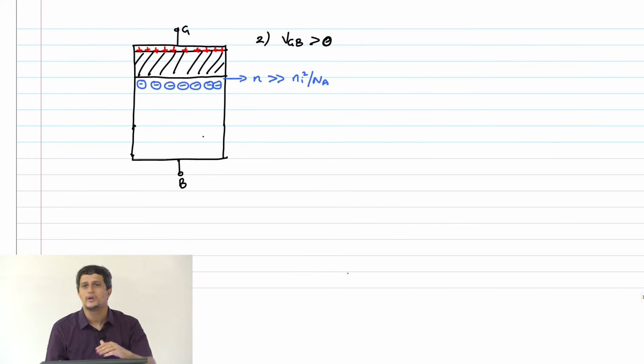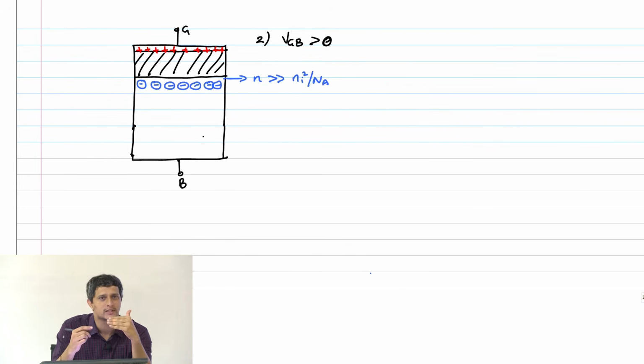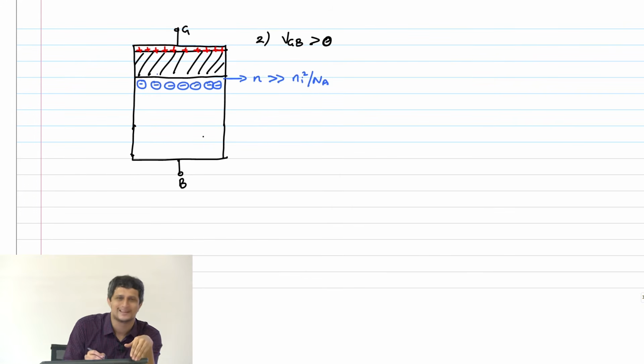Okay, that doesn't mean there are no free electrons. As it depletes, there is going to be a potential difference between the surface and the bulk, and therefore the concentration of free electrons has to go up by some small amount. But that's negligible compared to the number of immobile charge carriers that are available initially. As I continue to do this, you will see that this will keep going on and on and on.